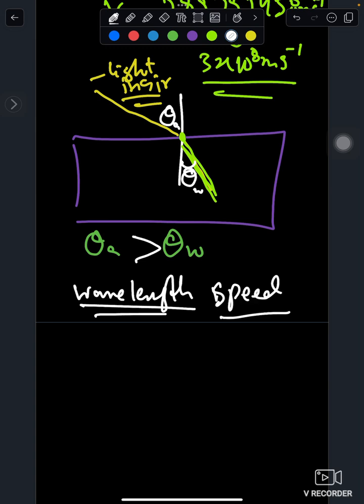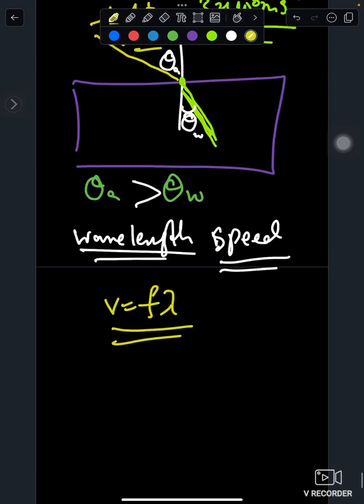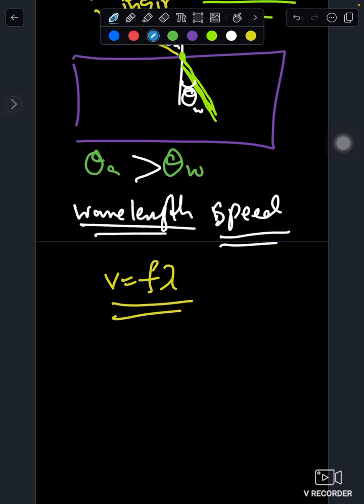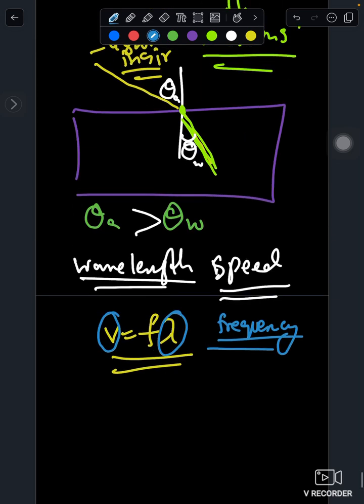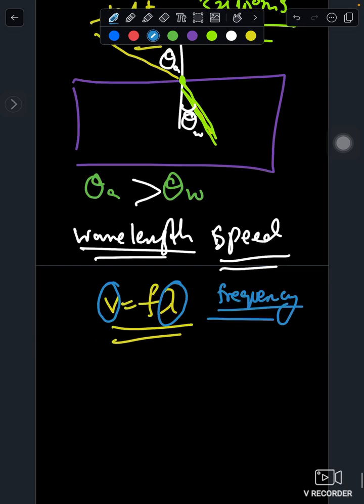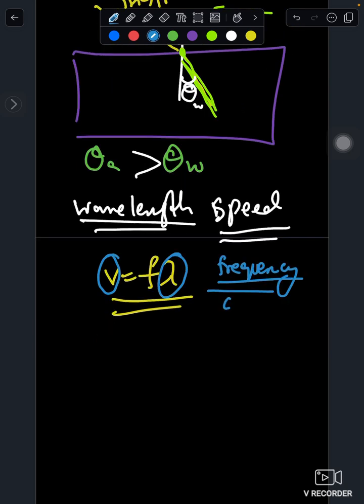One more equation here is v equals f lambda, where lambda is the wavelength. So this will change, but one thing will remain constant, which is frequency. Frequency will not change while crossing a medium.